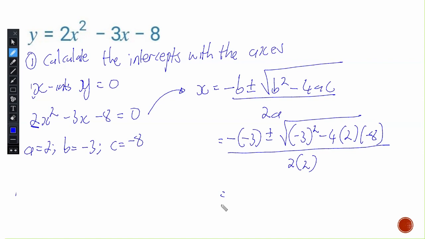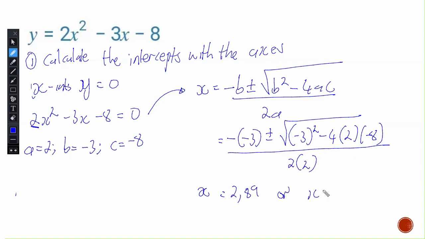So there we go. Wait a bit, I'm still punching it into my calculator. So yes, we are getting irrational values. x is equal to 2.89.